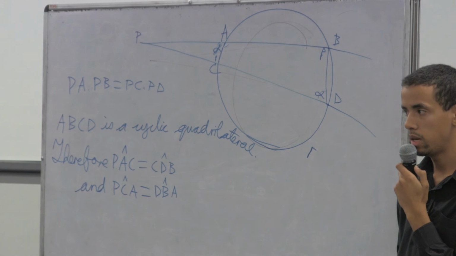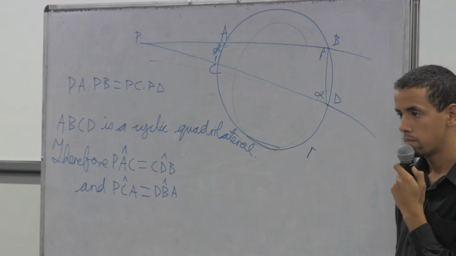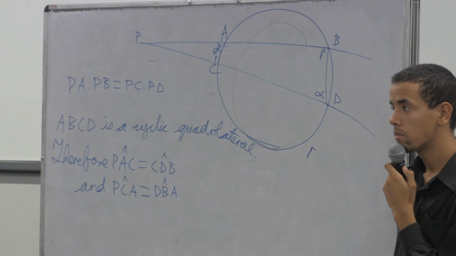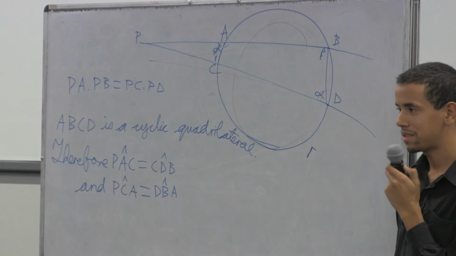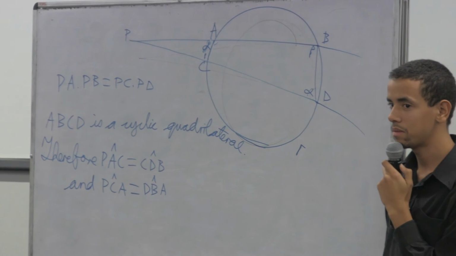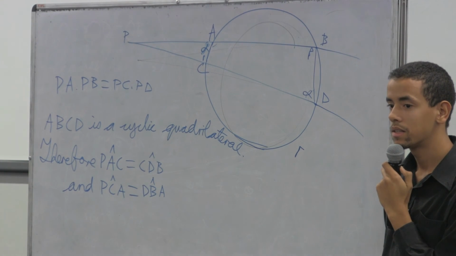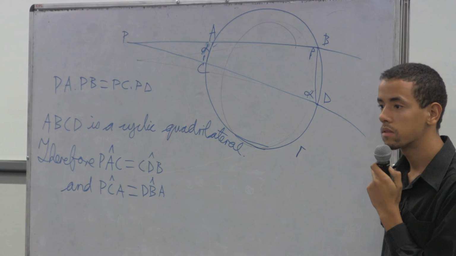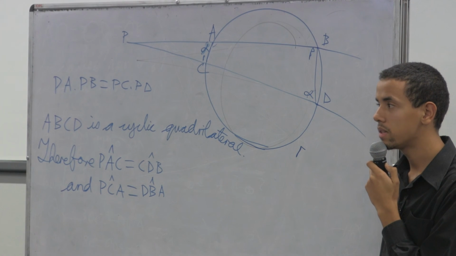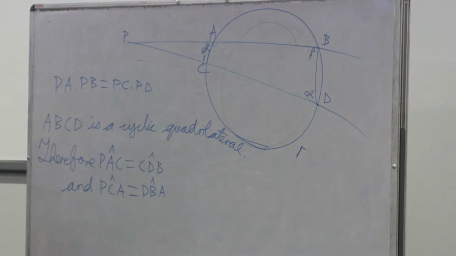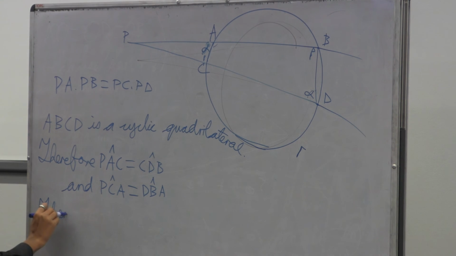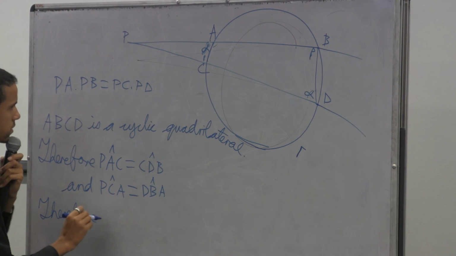Which two triangles are similar? That's all I heard. Can I have someone a little bit louder? A little bit louder? Therefore, what is it?